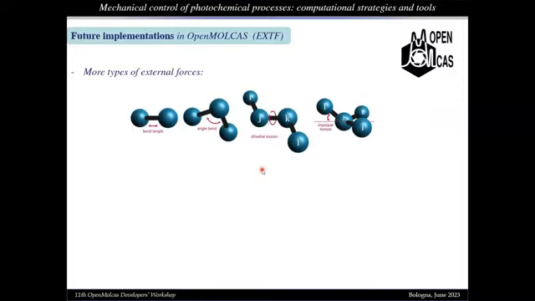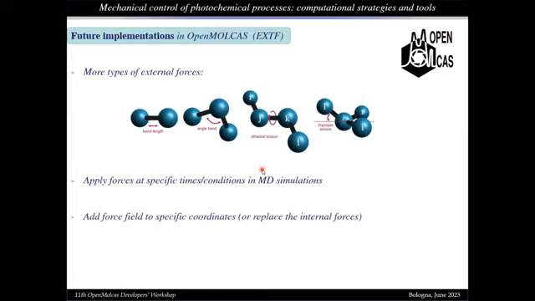So dihedral and improper torsions. We would like also to provide more flexibility to the external forces applied, being able to specify in a molecular dynamics simulation when the forces are applied and some conditions related to these forces.